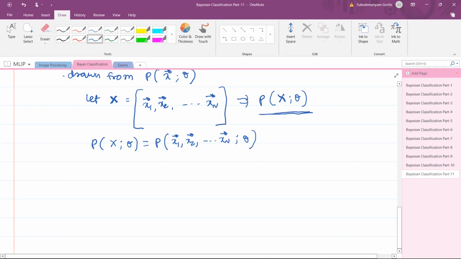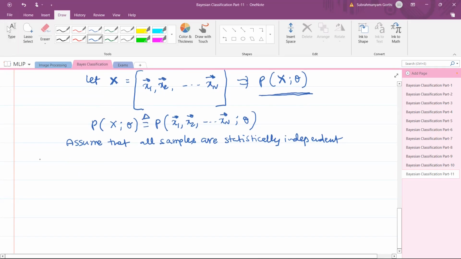Assuming that all the samples are statistically independent, what can you say about x1 bar comma x2 bar and so on, xn bar for a given theta value?